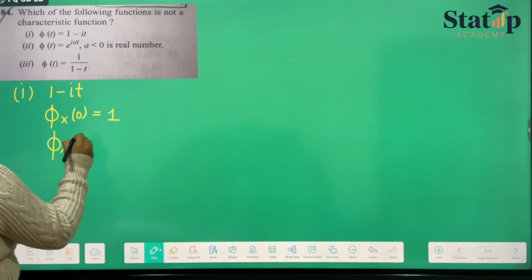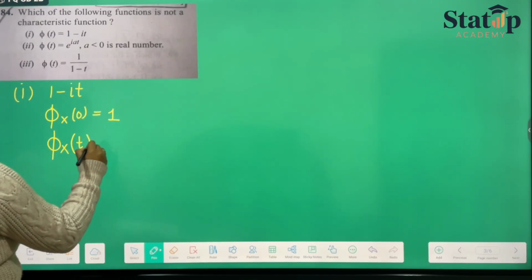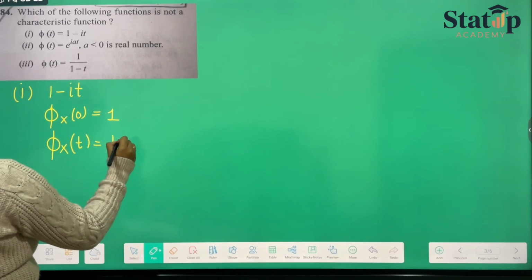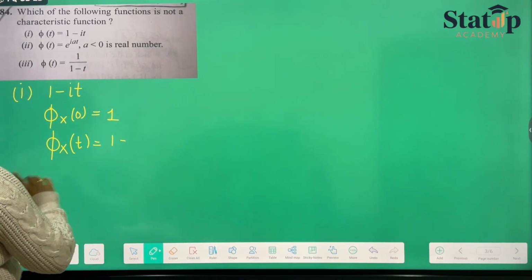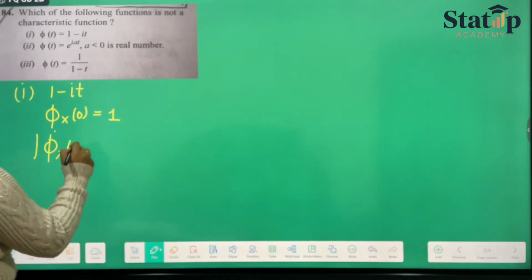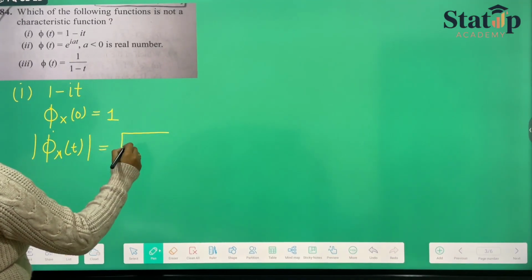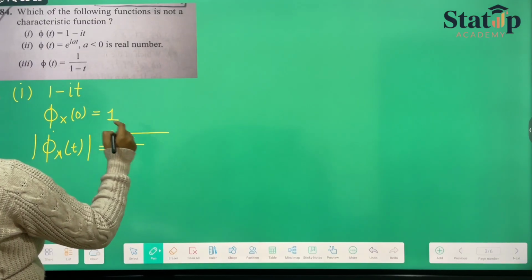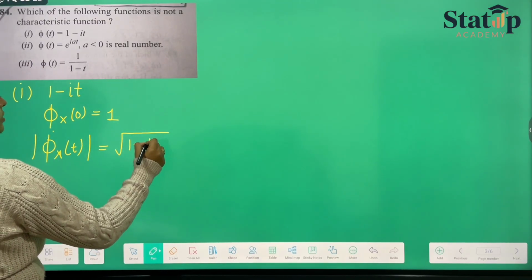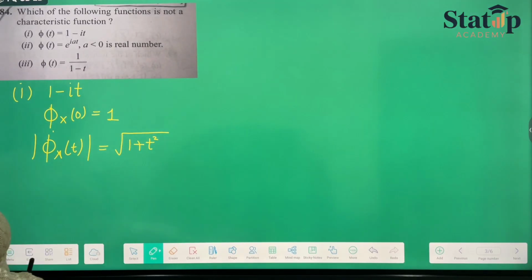If we take phi x t, then it will be nothing but 1 minus it. The modulus of phi x t is nothing but under root of a square plus b square, that is, 1 and t square. It will be 1 plus t square.